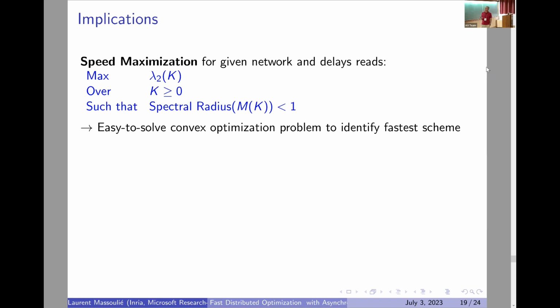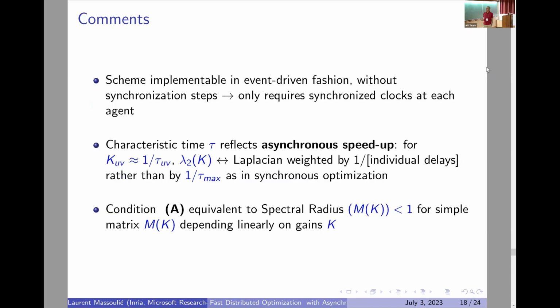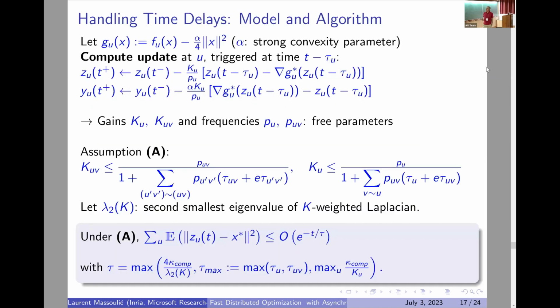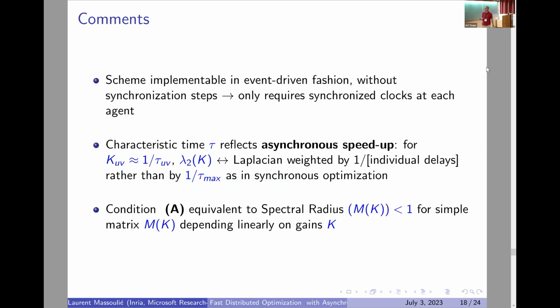So maximizing the second smallest eigenvalue subject to a spectral radius of a matrix linear in K being less than 1, that's something that is convex. And so you could go about it by solving this. Once you have a solution, say well, 1 is problematic, so you would want to take 1/2 here. You solve for this, and then you use P quantities that satisfy this, and then you are all set.